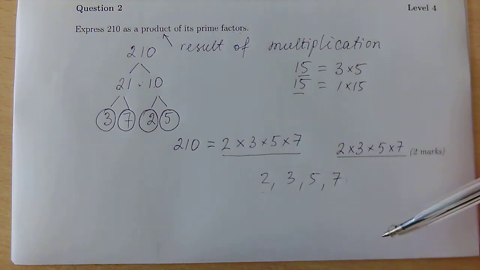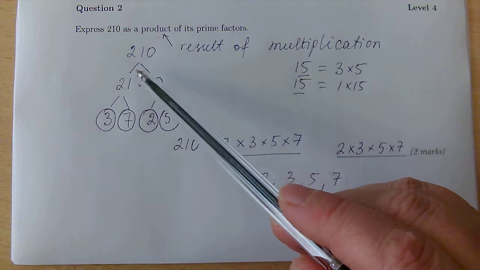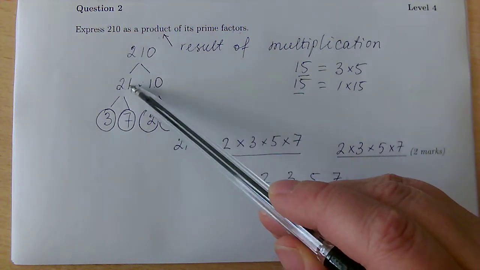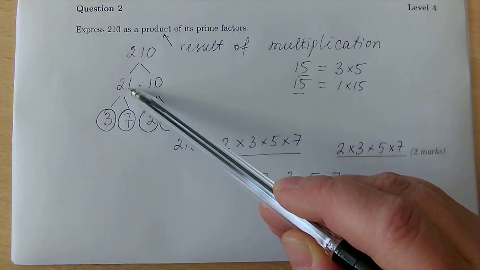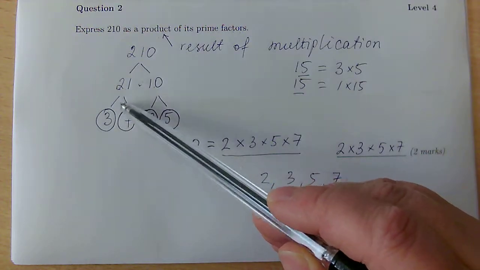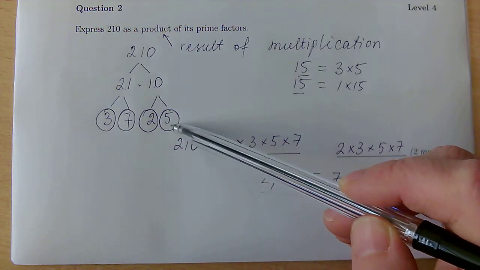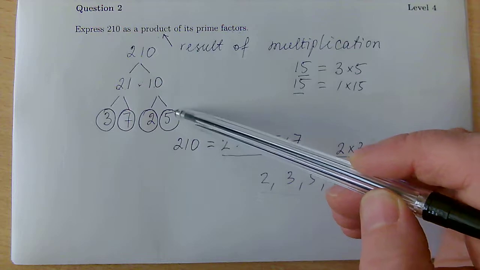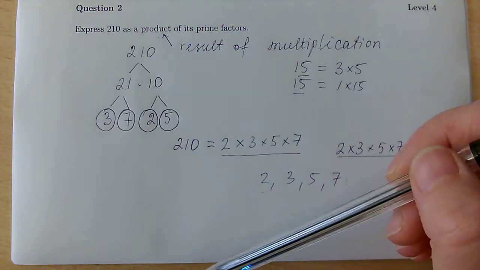That's what they want. Okay, so usually people use tree diagrams. For example, 210 can be written as 21 times 10, yeah? But 21 is not prime, and 10 is not prime, so we continue division, okay? 21 is 3 times 7, and 10 is 2 times 5, so we circle those numbers as they're already prime, so there's nothing really to carry on here.